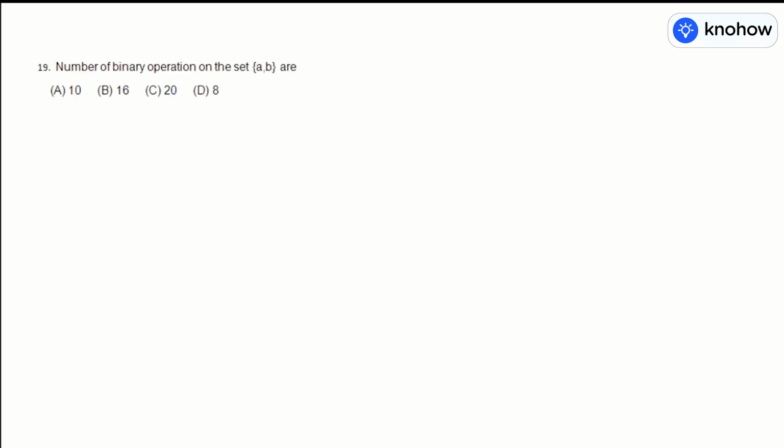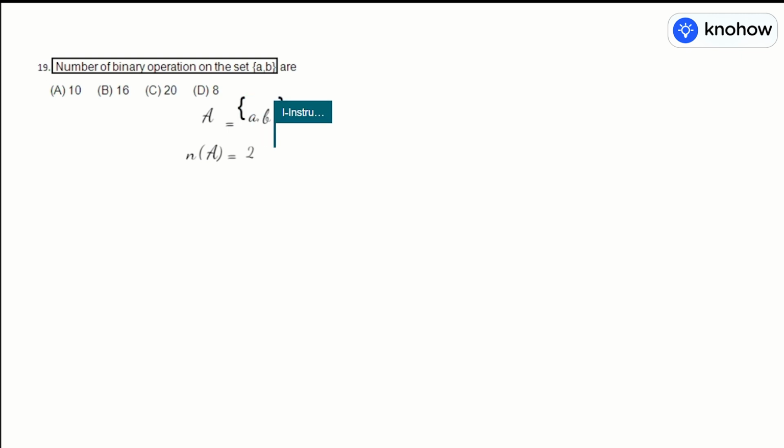We have to find out the number of binary operations on the set A, B. Let me call it A. What is the number of elements in the given set A? It is 2. Because when we say binary operation, it is always from A cross A to A. So what is the number of elements in A cross A?